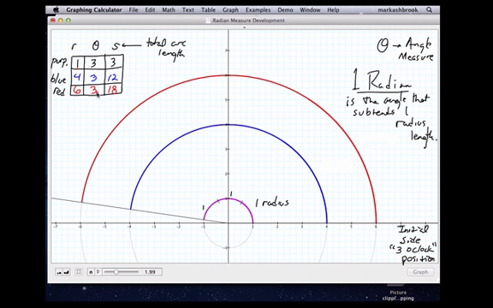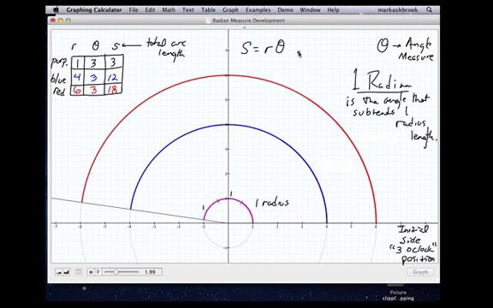So the number of radius lengths subtended is the same as the measure of the angle. And S is our total arc length. So what's the relationship between those three quantities? R theta equals S. The total arc length would be how long the radius is times how many radius lengths. Does it make sense? Should make sense.